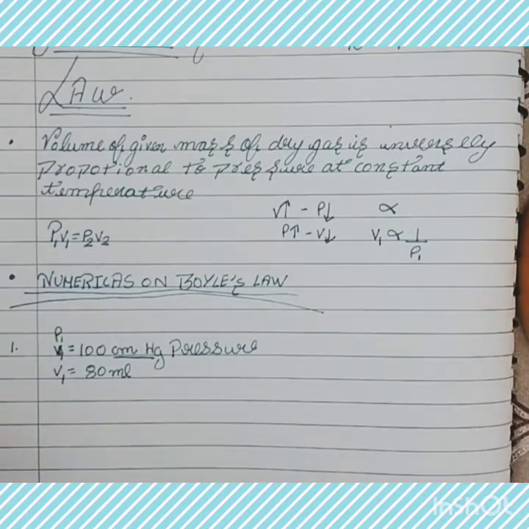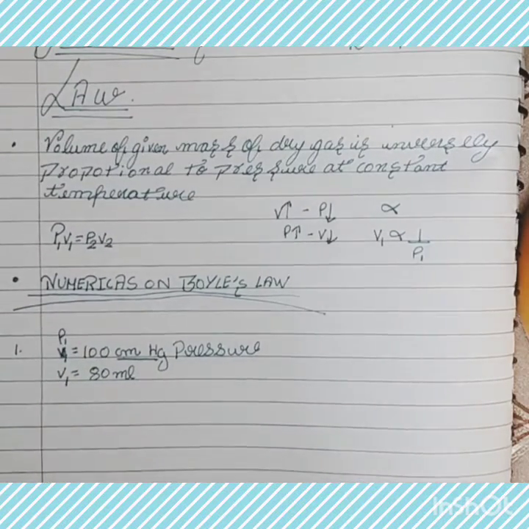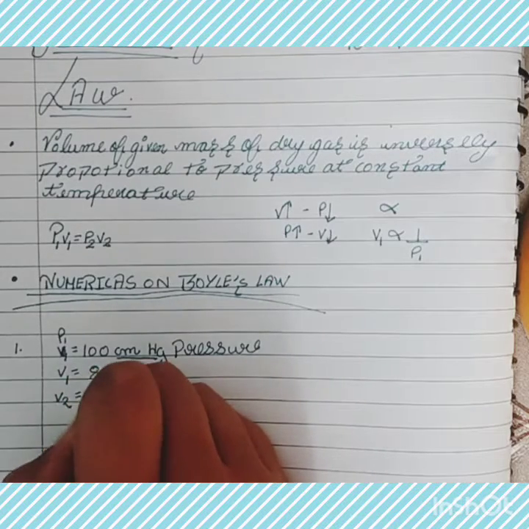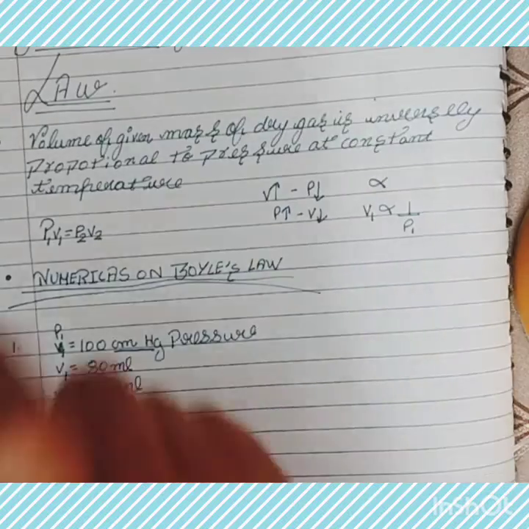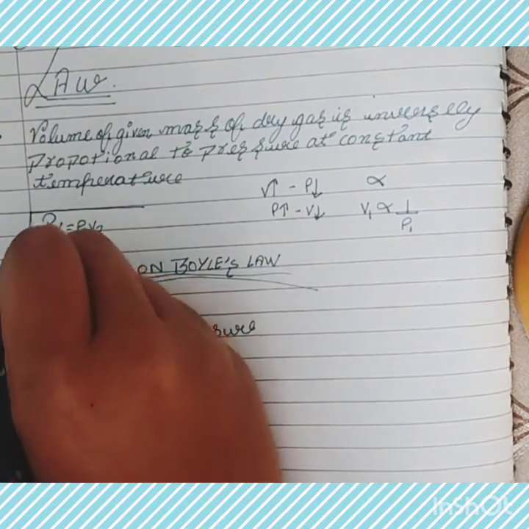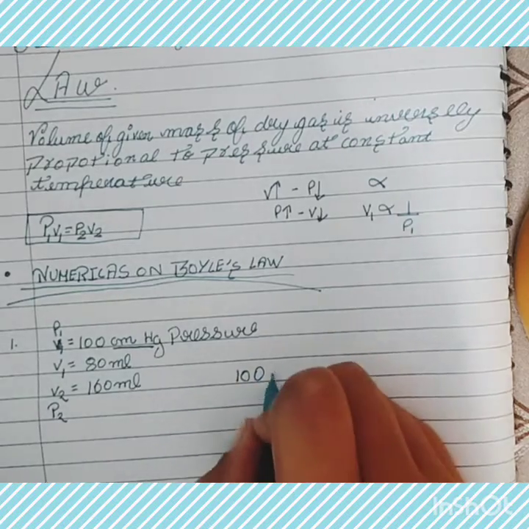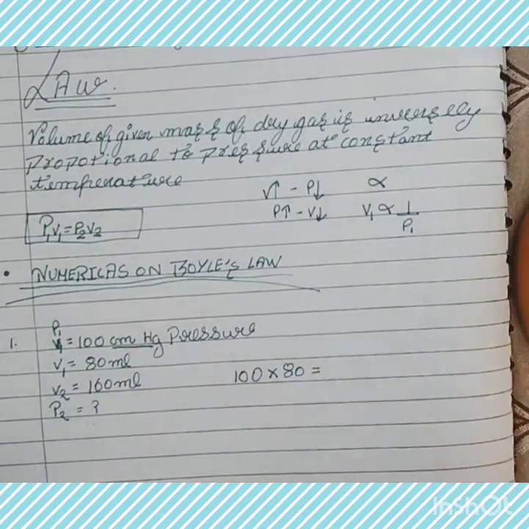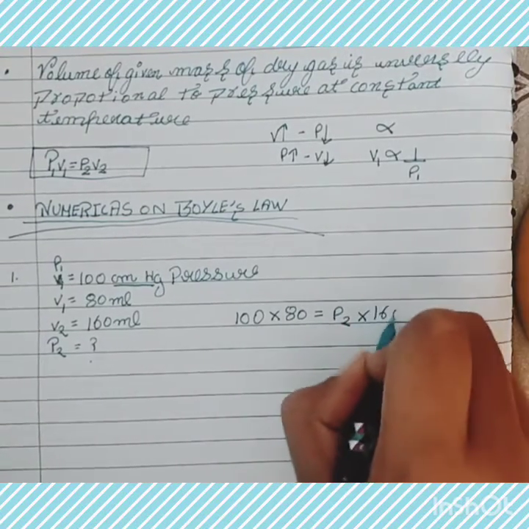So if volume is 80 ml and pressure is 100 centimeter and the gas is expanded to 160 ml, so our volume V2 becomes 160 ml. We have to find the pressure. According to Boyle's law, our equation is this. We'll write 100 into 80 equals P2, which we don't know, into 160.